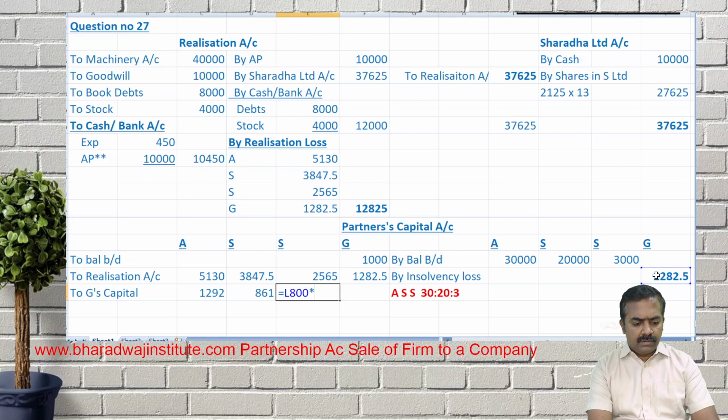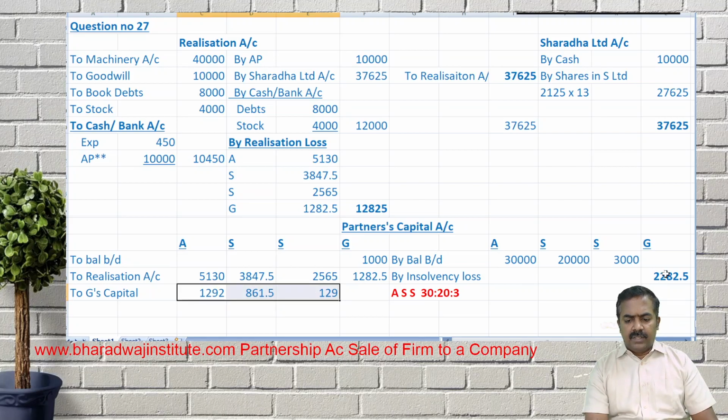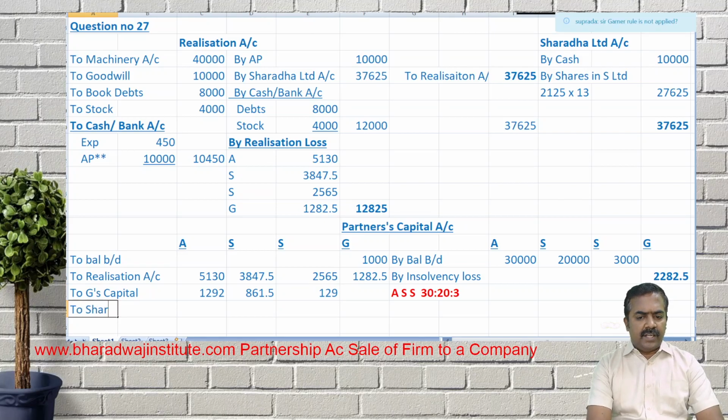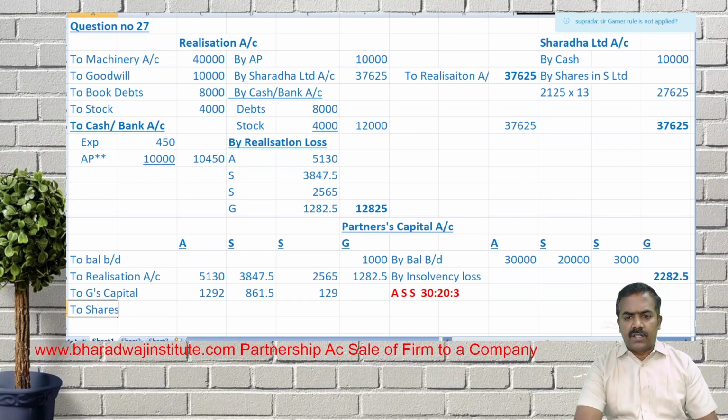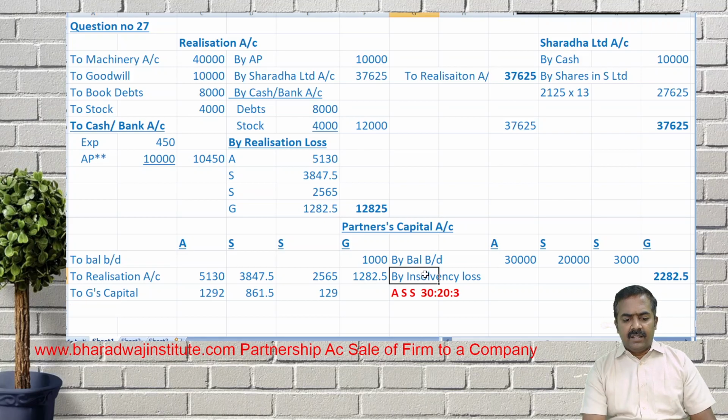This into 3 by 53. Okay, maybe take 129. A 0.5 difference will come. Maybe take this one as 61.5. Round up, because the total should come to 2,282.5. So this is the deficit to be borne by the other partners. Then now to shares. Yes, the Garner versus Murray rule only we are applying.